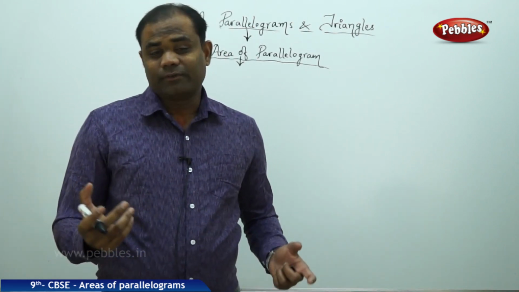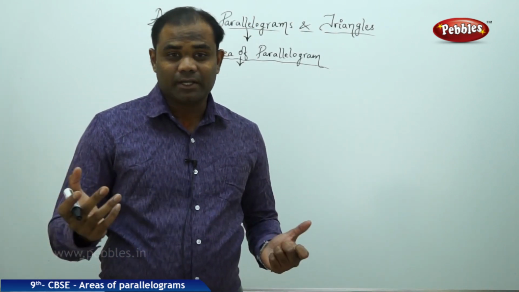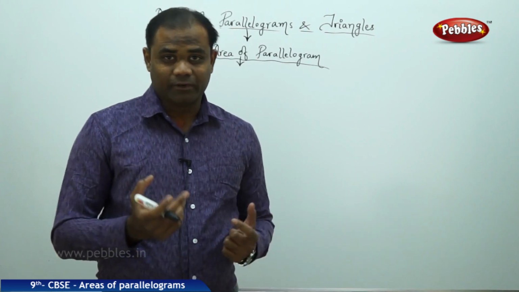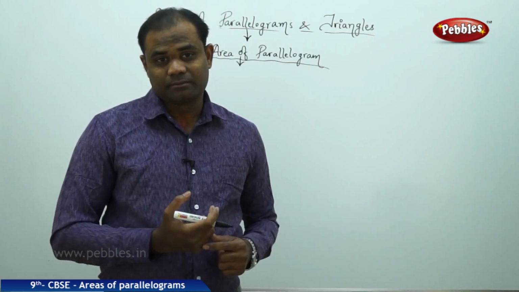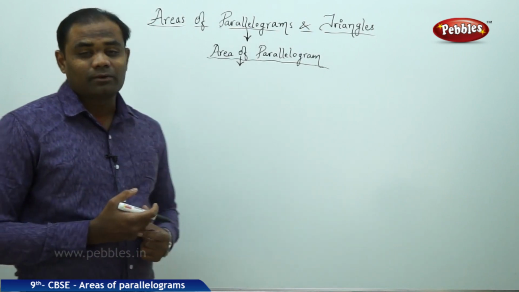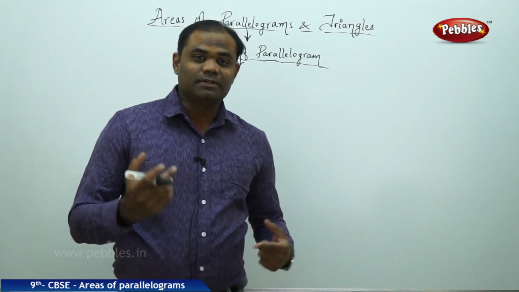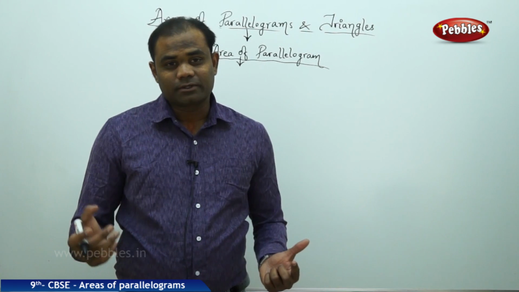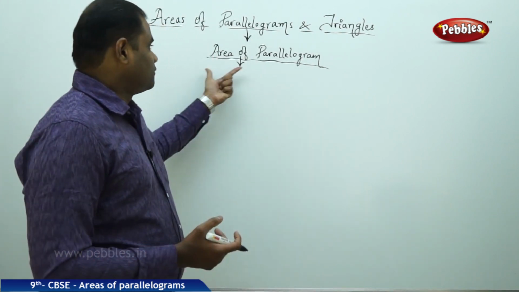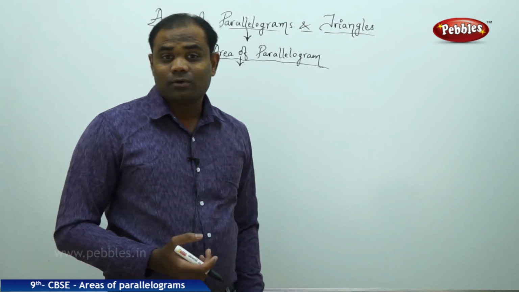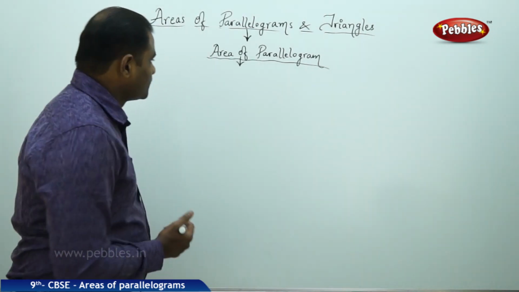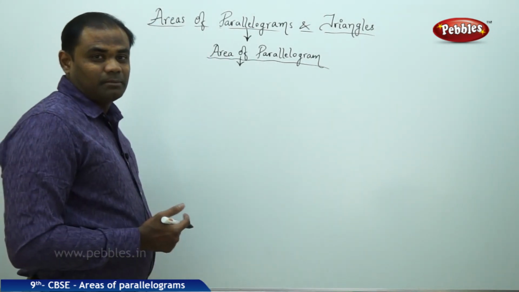Just like area of triangle is half into base into height, and area of rectangle is length into width. Similarly, area of parallelogram has its own specific definition. Let's see what is the formula we can derive for area of parallelogram. So let me take a parallelogram ABCD.